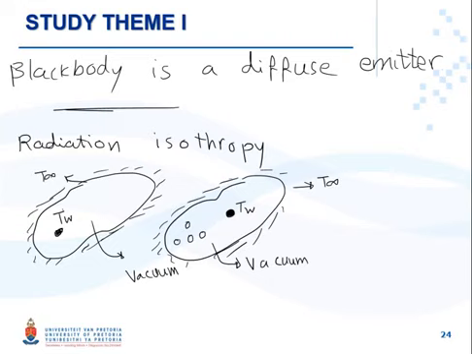So the radiation field within the enclosure is independent of the position of the black body. Now let's try to prove that the black body is a diffuse emitter. By knowing the concept of radiation isotherapy, we want to prove that the black body is a diffuse emitter.